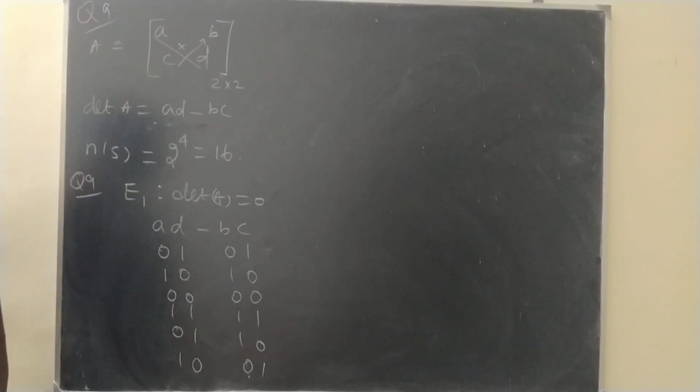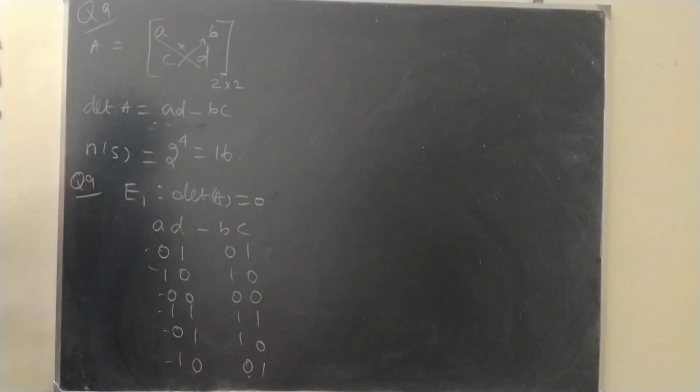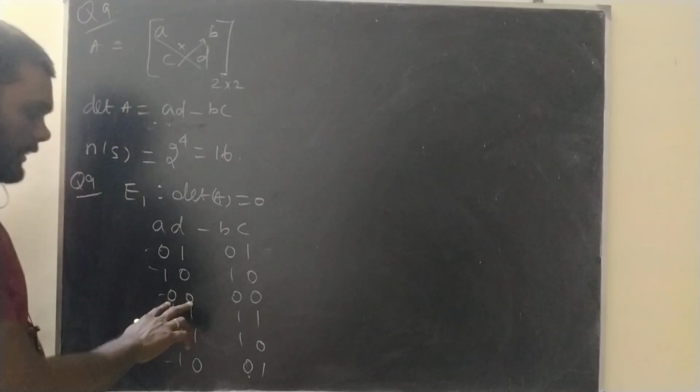Then no outcomes. Just think once again. Totally how many did we get? 1, 2, 3, 4, 5, 6. Any other possibilities? This double 0 possibility, man.